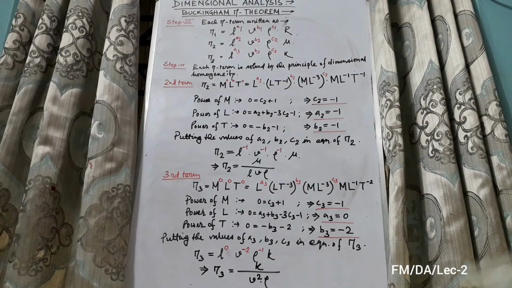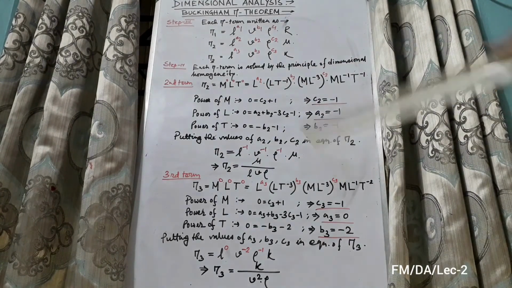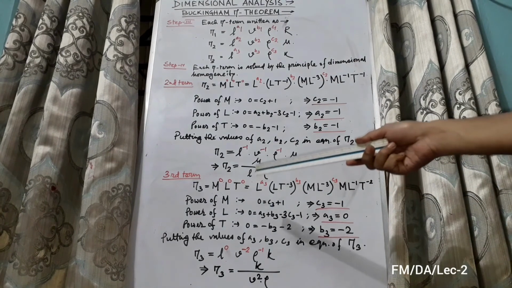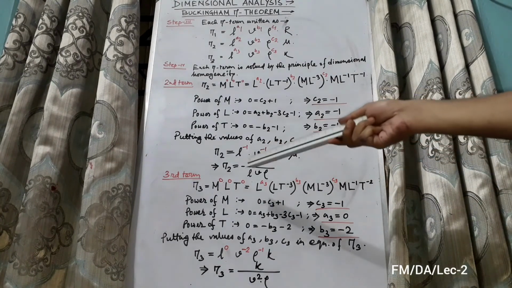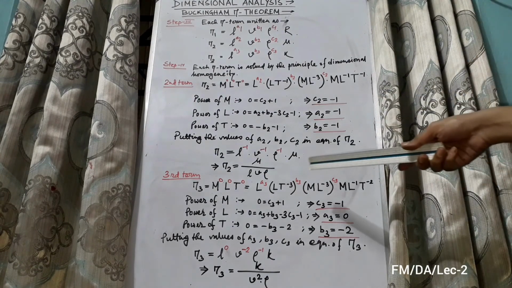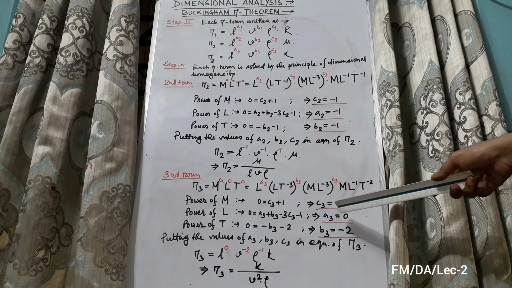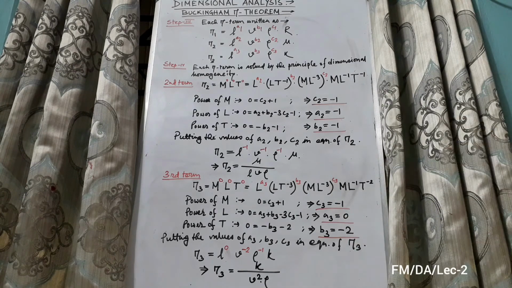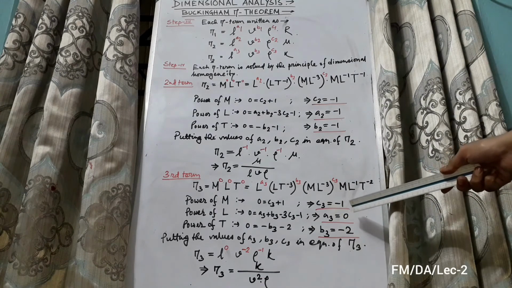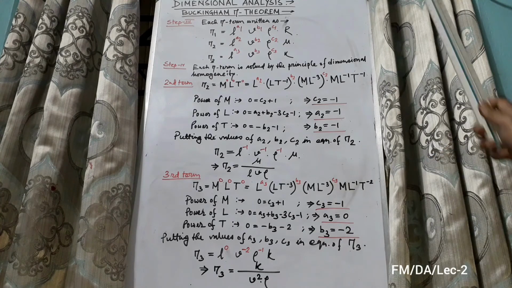Now the same happens in the third term also. Here also we find out the powers of M, L and T separately, and from those equations we get the values of A3, B3 and C3. The value of A3 is 0, the value of B3 is minus 2, and the value of C3 is minus 1.